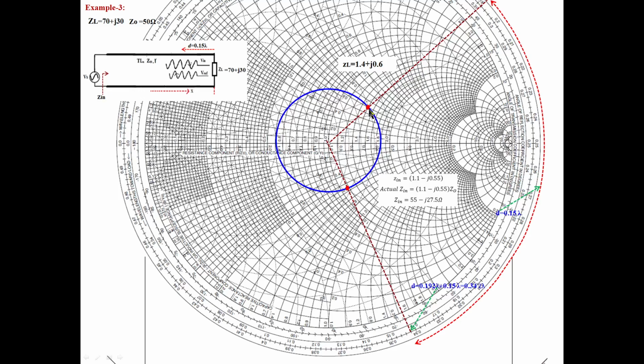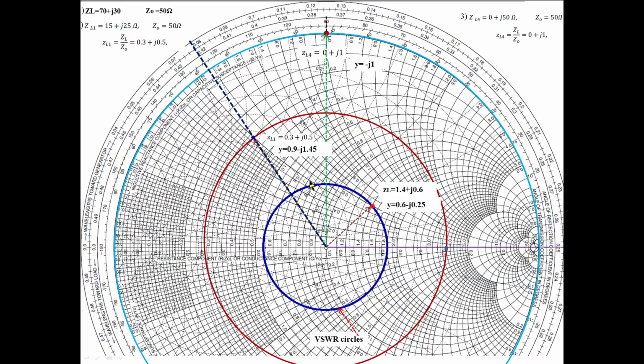If I start from the load point and stop at this position, what is the distance of that impedance from the load? For example, 1 plus j0.55. This problem you will see.